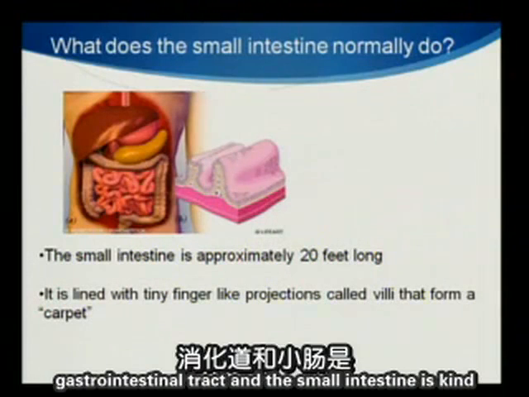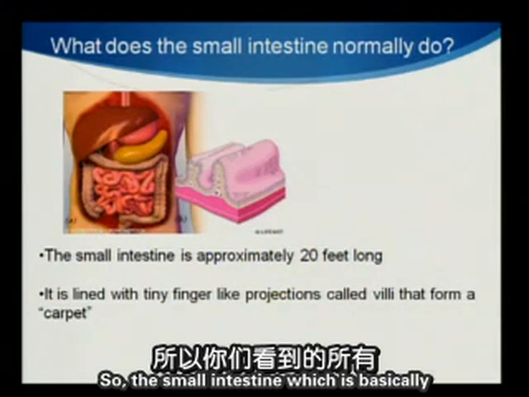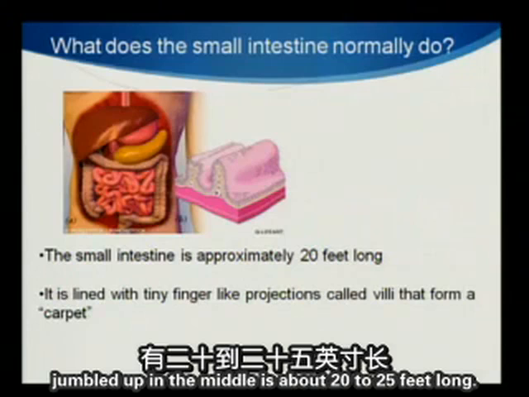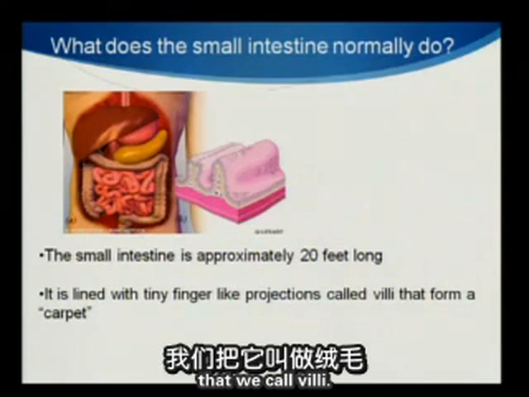The small intestine is kind of jumbled up here in the middle. It is about 20 to 25 feet long, and it's lined with very tiny finger-like projections that we call villi.